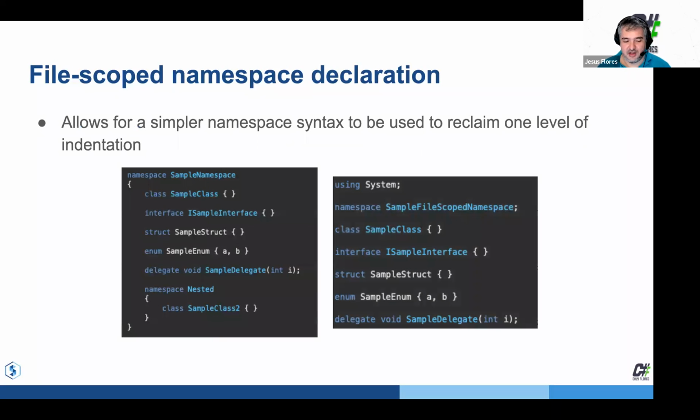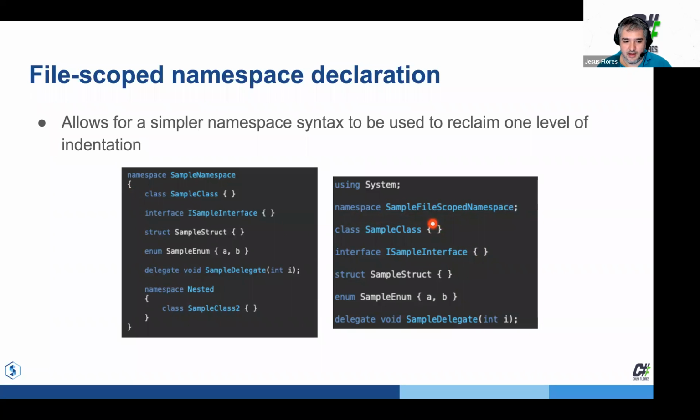So instead of having namespace and opening and closing the curly braces, you just define your namespace at the top of your file. So you can say this file, for example, this program or this class or whatever you want, will be under this namespace, and you avoid having a level of indentation here. And you can just define your classes, interfaces, structs, everything under that namespace.